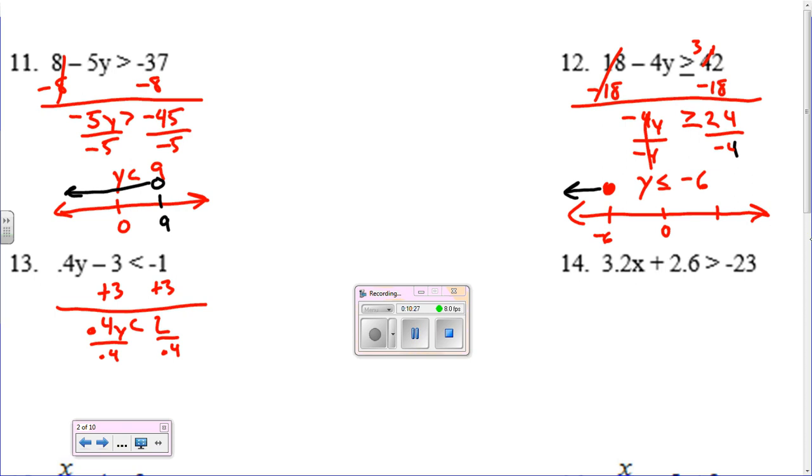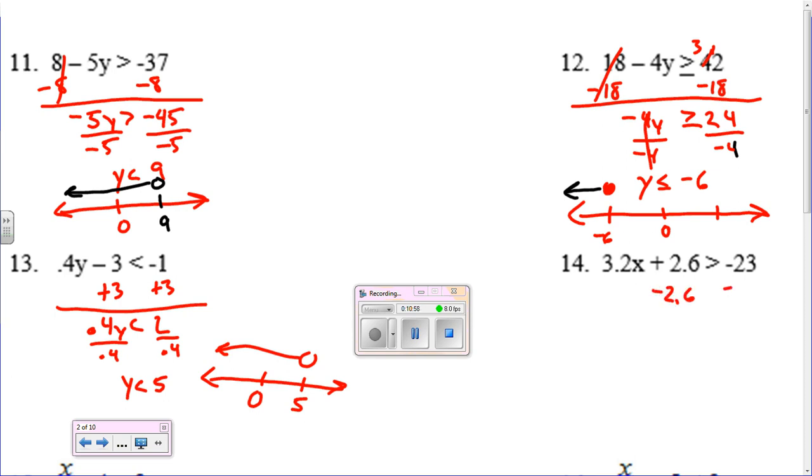Some of you might have noticed I had to pause it so that I could put it in my calculator. 2 divided by 0.4 is 5. Everybody knows that. So you have y is less than 5. Just open circle, shade to the left.